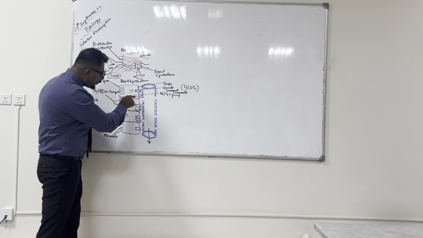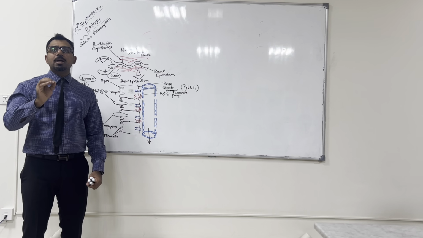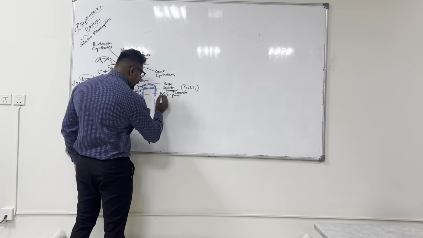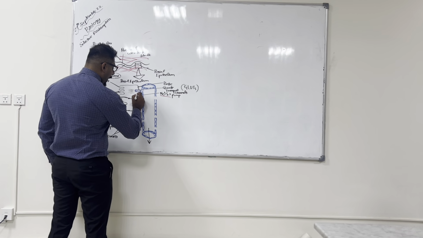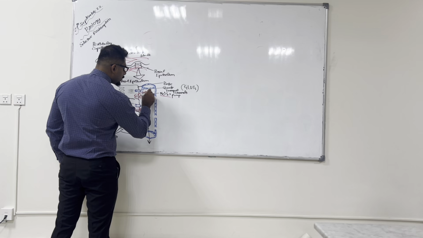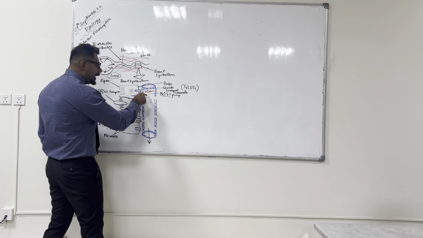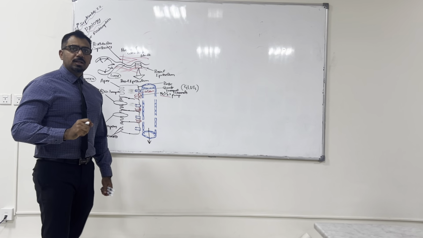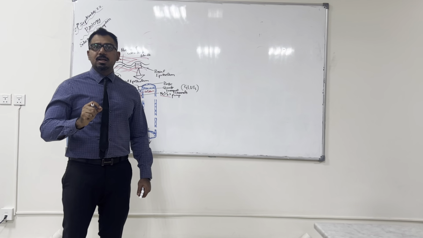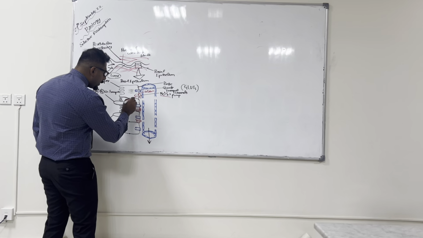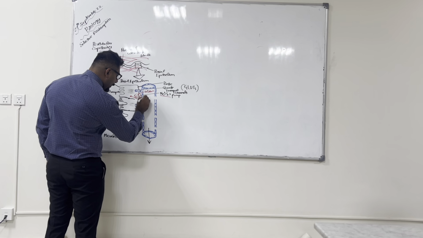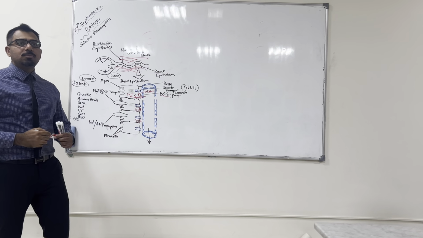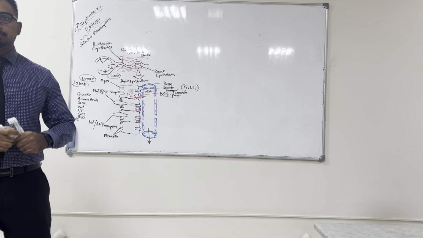It starts from here, from the sodium potassium pump, right? What happens at the sodium potassium pump? It pumps 3 sodium ions into the blood plasma and 2 potassium ions from the blood plasma into the cytoplasm of the basal epithelium.